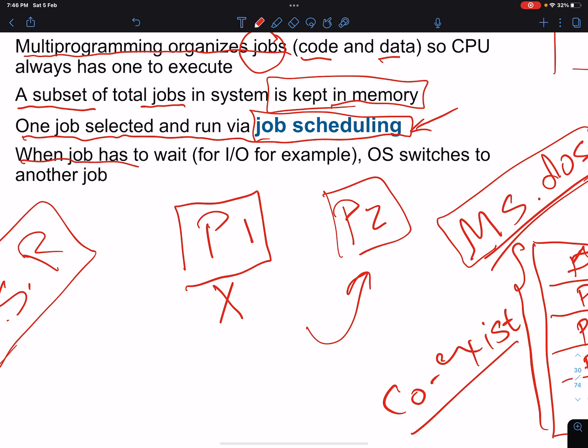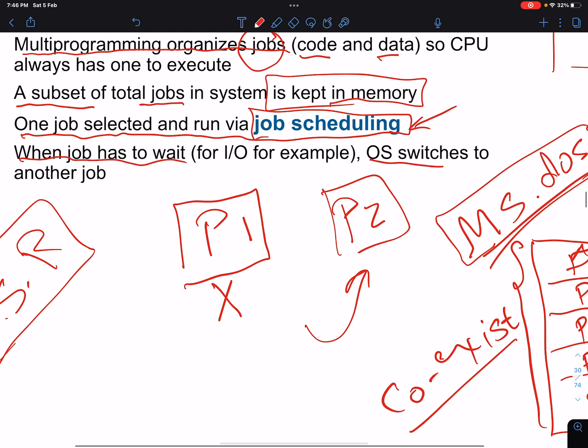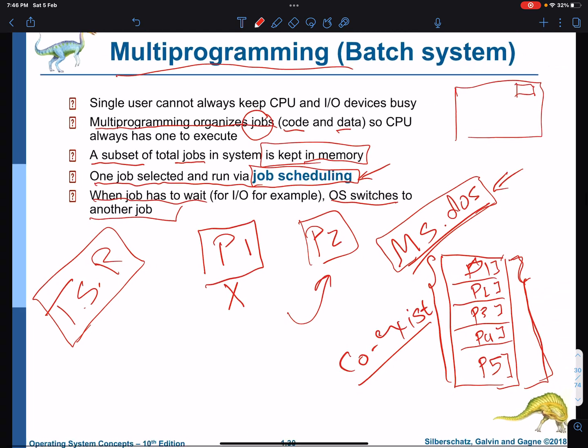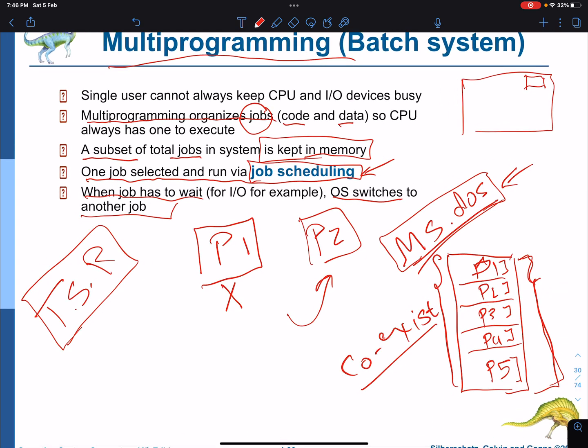When a job has to wait, okay, for an I/O as an example, the OS switches to another job. Why? Let's take an example about this.